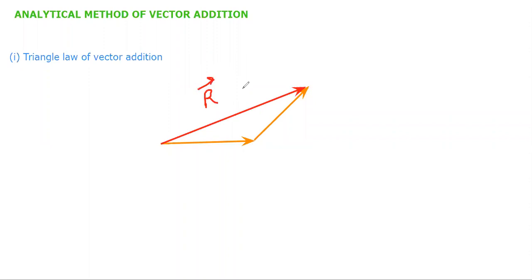Now what does the statement mean? If you arrange two vectors in such a way that they represent two sides of a triangle, then the third side of the triangle will be called the resultant vector. This is the triangle law of vector addition.